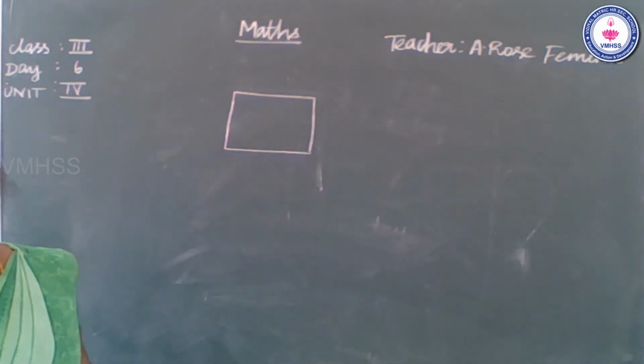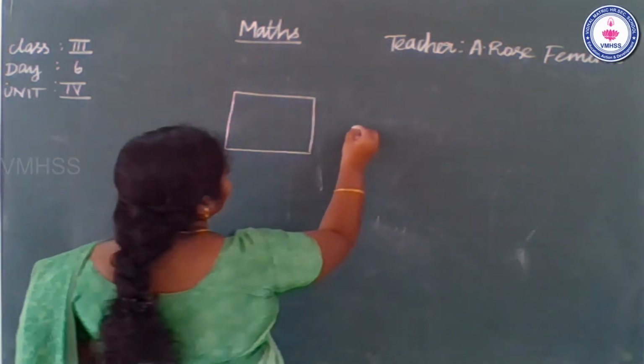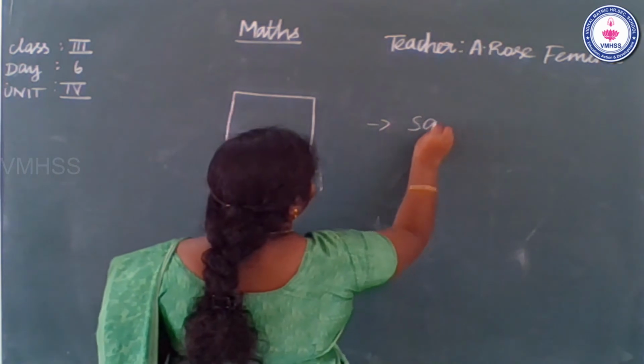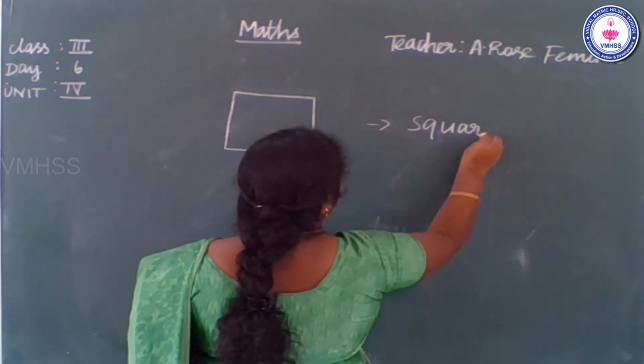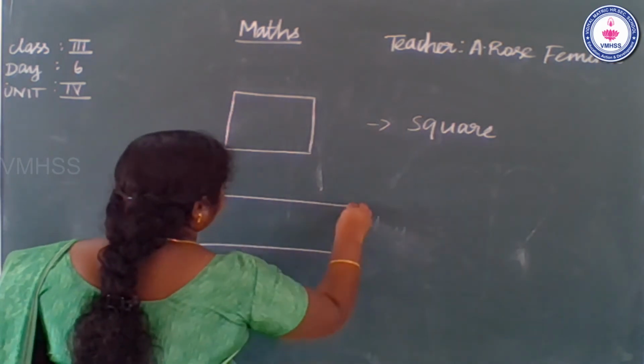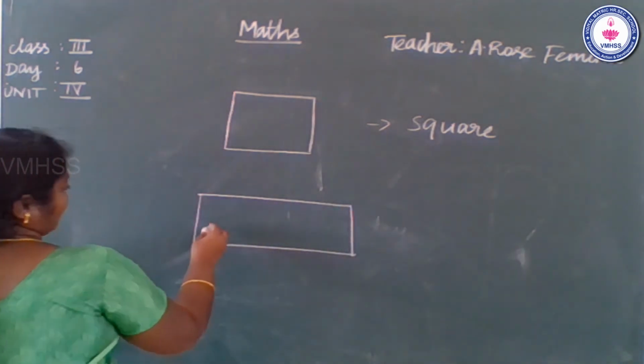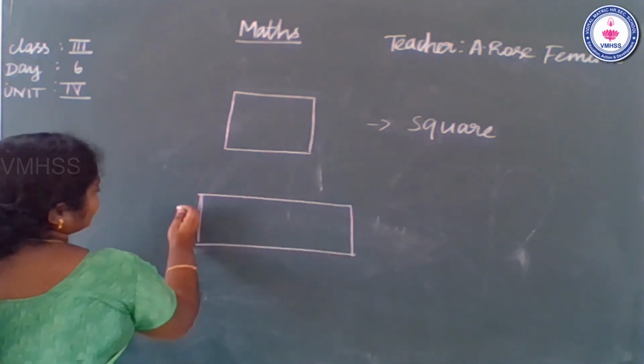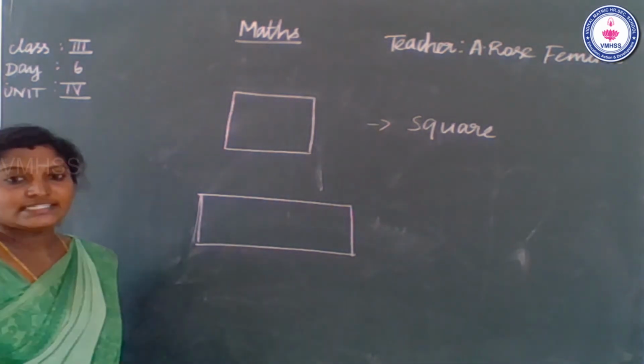This is a square. What is this shape? This is a rectangle.